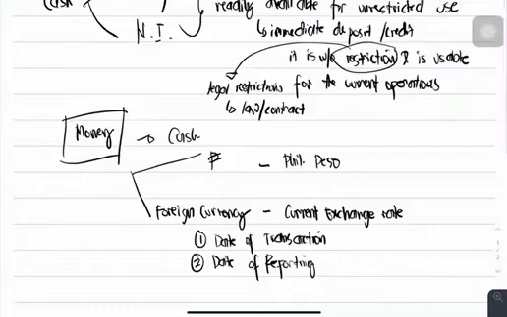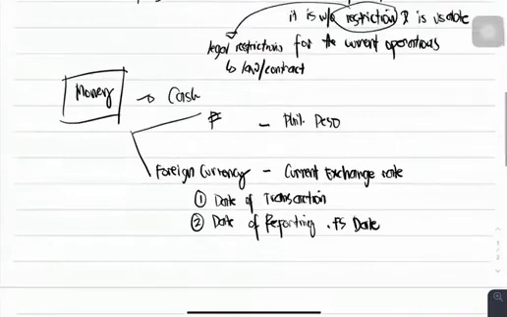How about your date of reporting? Your date of reporting is the date of your financial statements. So this is your financial statement date. So for example, you are using a calendar year, and the calendar year ends at December 31. Therefore, your date of reporting is December 31. Okay? So the FS date, or date of reporting.